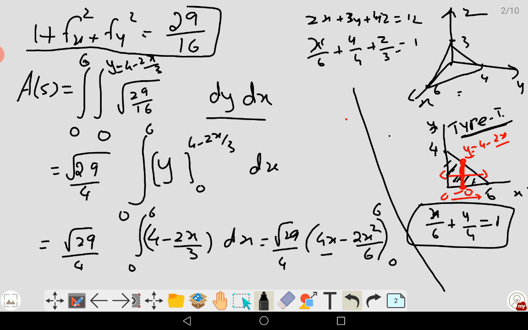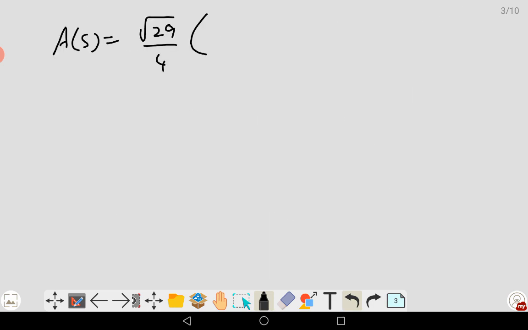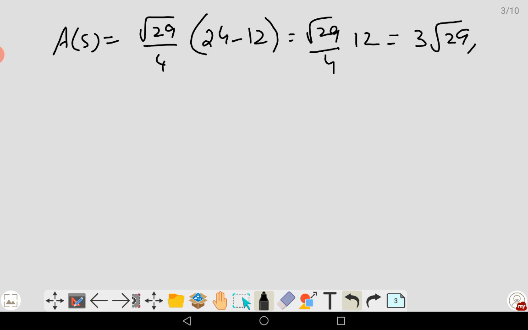So 6 into 2 is 12. So 24 minus 12, which is 12 again. So root 29 over 4 into 12, which is 3 times square root of 29. That's the end of problem number 1.